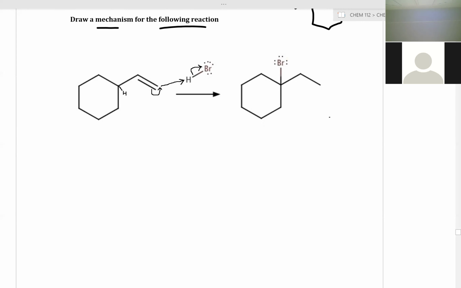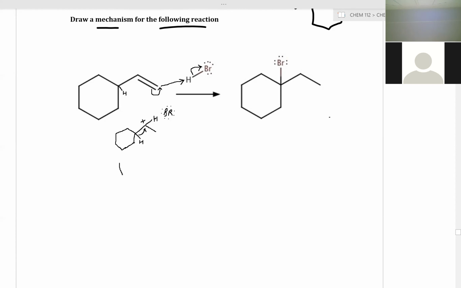Yep, looks good so far. Yep, you generate the carbocation. The carbocation shift is drawn.